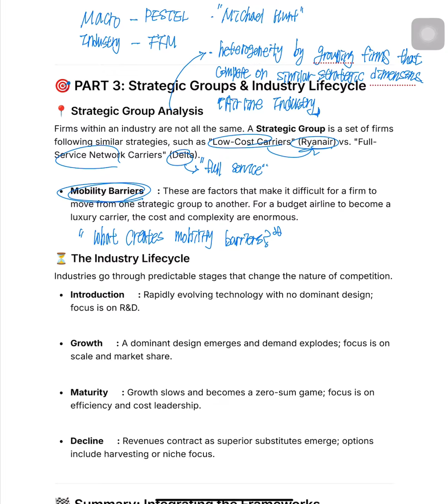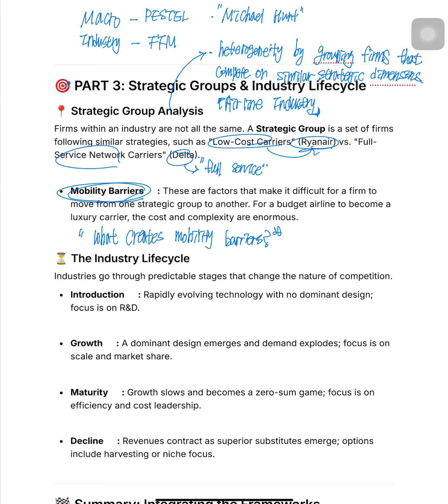It's quite a lot. So consider what it would take for a budget carrier like Spirit Airlines to move into the premium full-service group dominated by Delta. Spirit would need to acquire or lease wide-body aircraft for long-haul international routes.